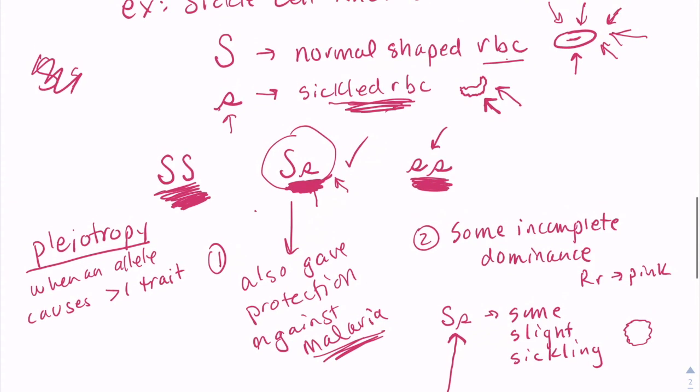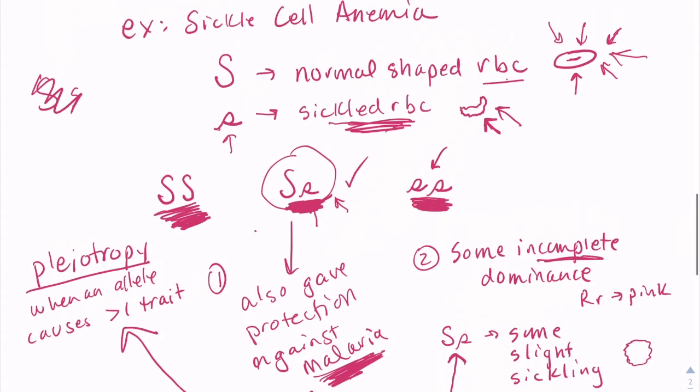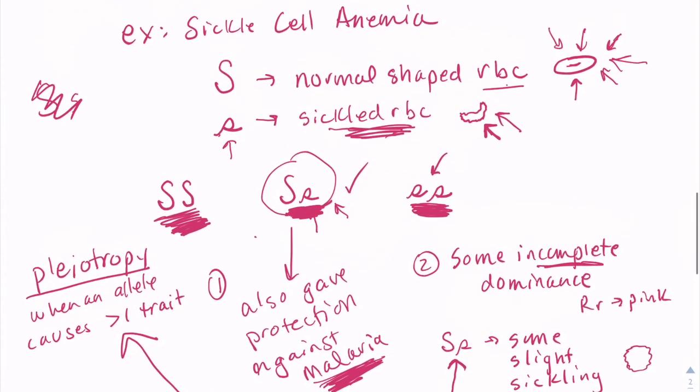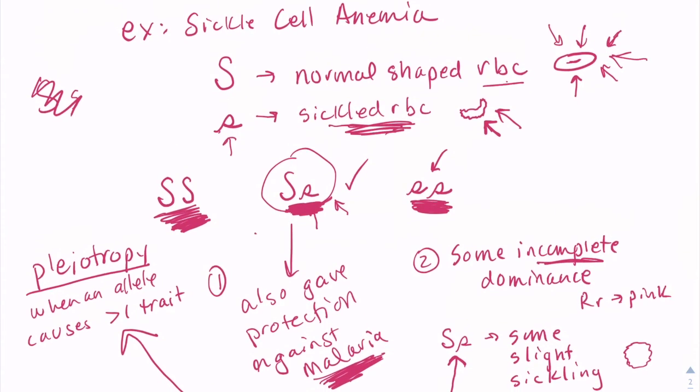So I thought that was interesting because not only does sickle cell anemia display some incomplete dominance, it also gives some protection against malaria, and that is an example of pleiotropy. Very interesting. Now that he knows that he has that, he can be treated for it and knows to be careful when at high altitudes.